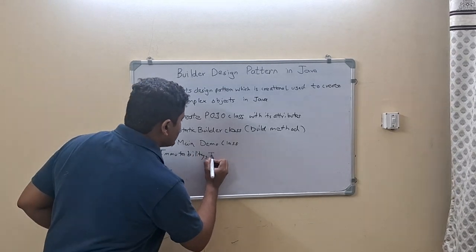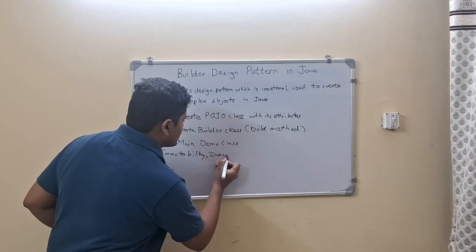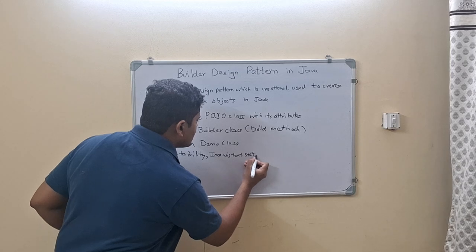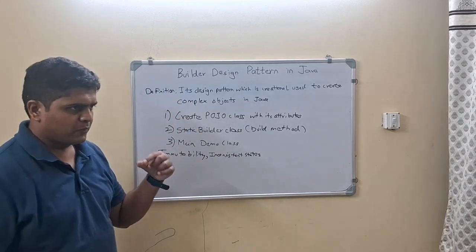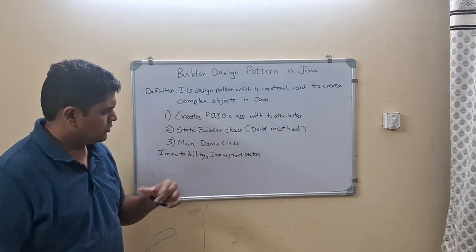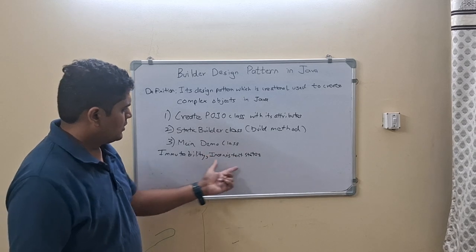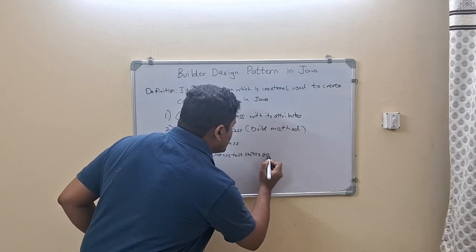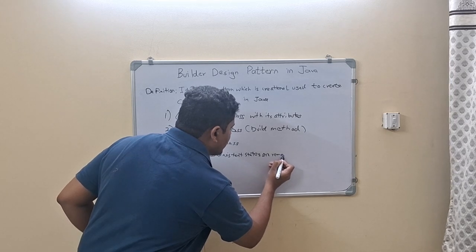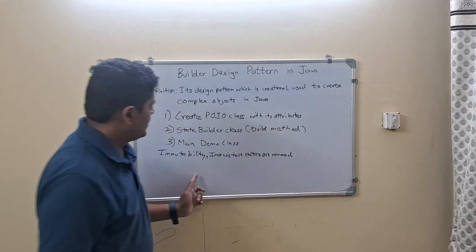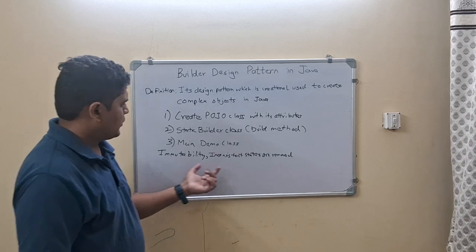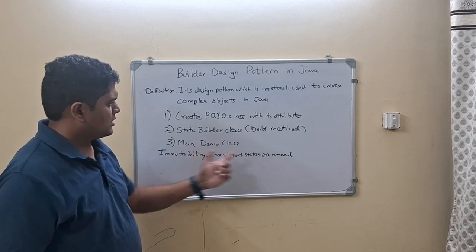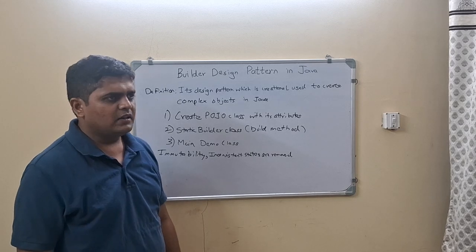Then it removes the inconsistent state of objects, from persistent to transient, basically with the help of the builder design pattern. So immutability is provided and inconsistent states are removed with the builder design pattern.